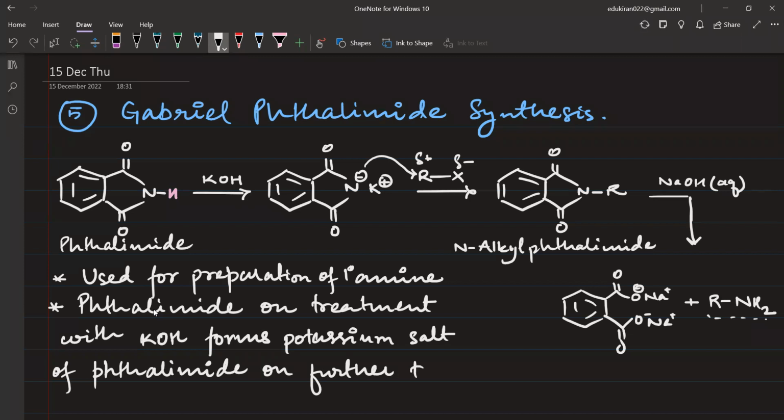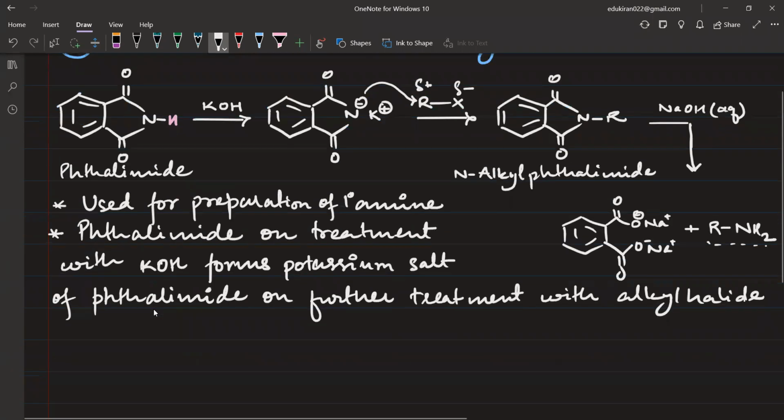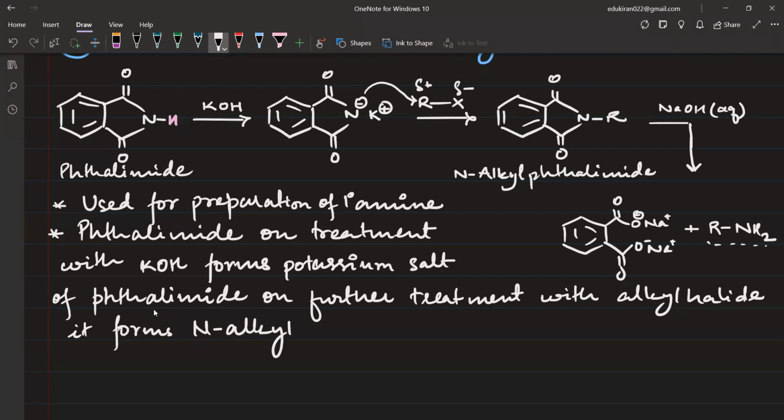On further treatment with alkyl halide, it forms N-alkyl phthalimide.